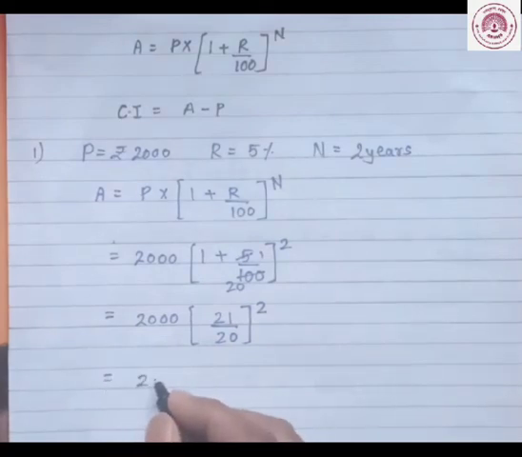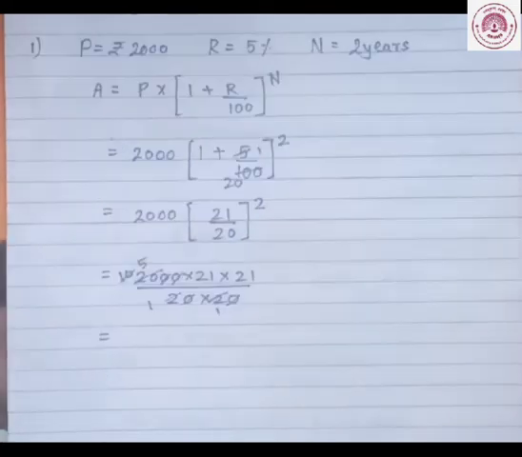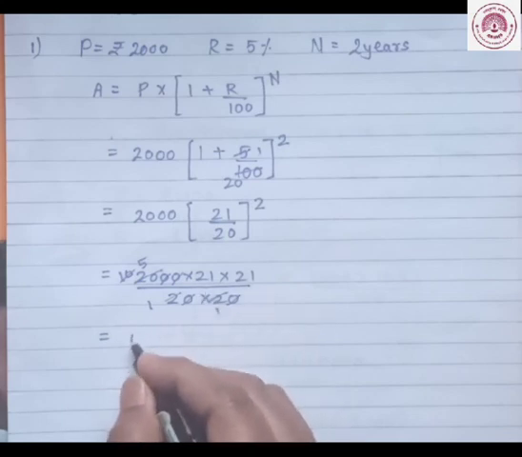So now let's square it. 21 square is 21 multiplied by 21, upon 20 square is 20 multiplied by 20. Now here we can cancel the zeros. So after cancellation we will get 5 multiplied by 21 multiplied by 21.